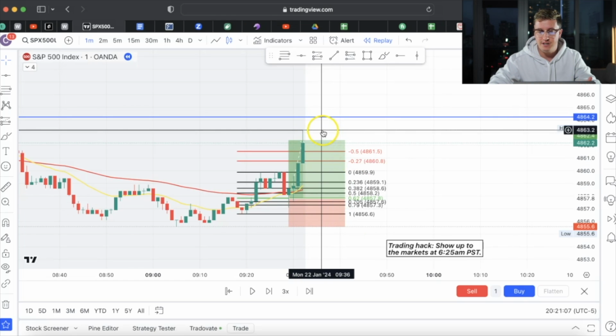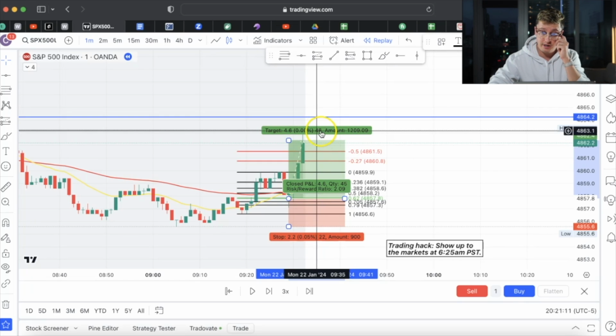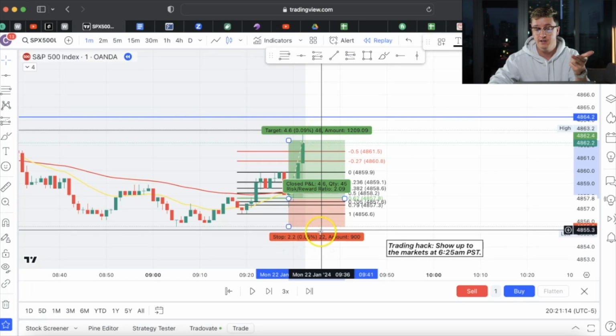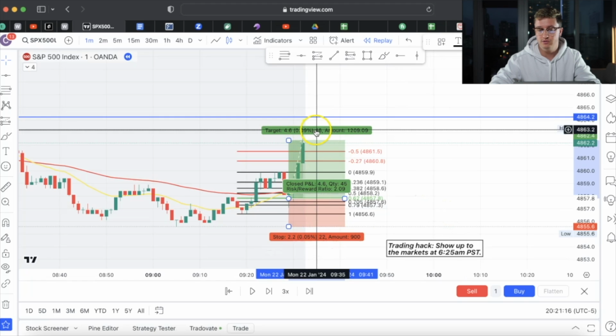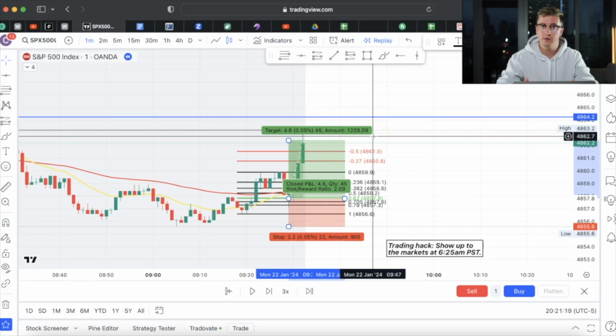If we're used to 100, 300, 400, 500 pip or tick trades, then we would enter a bigger contract size for futures, or a bigger lot size for Forex pairs. So that's the only difference.